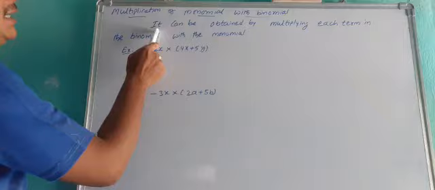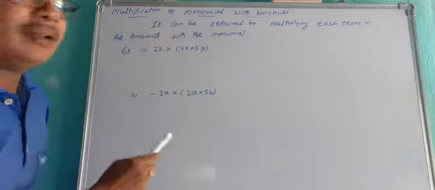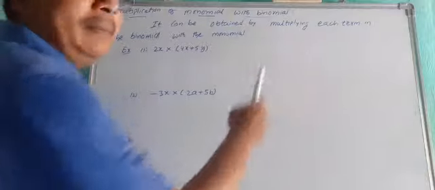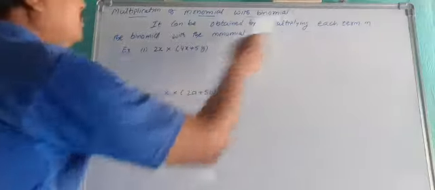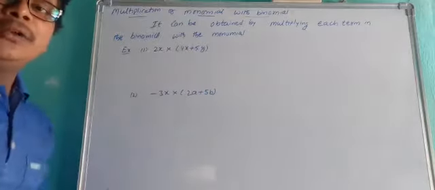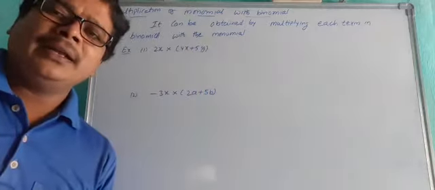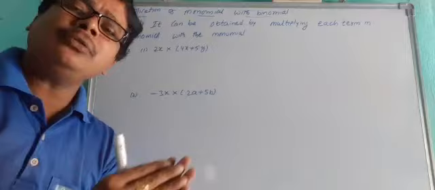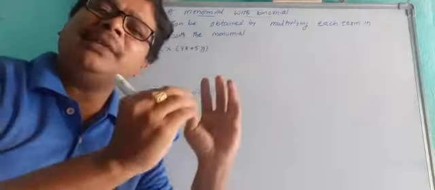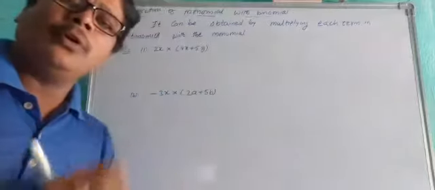So, the multiplication of monomial with binomial can be obtained by multiplying each term in the binomial with the monomial.